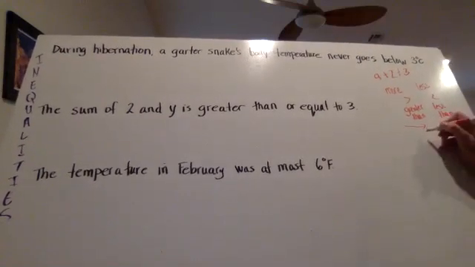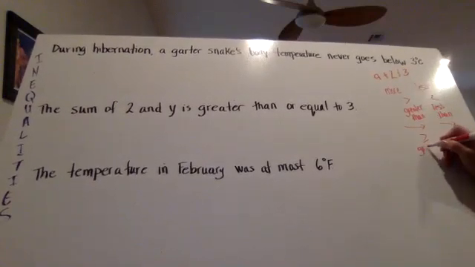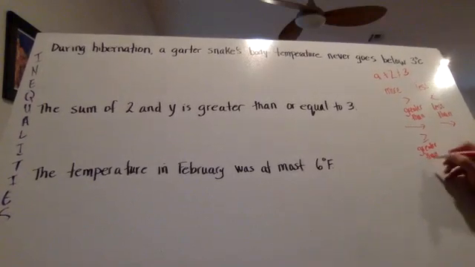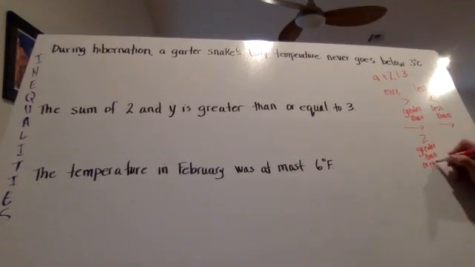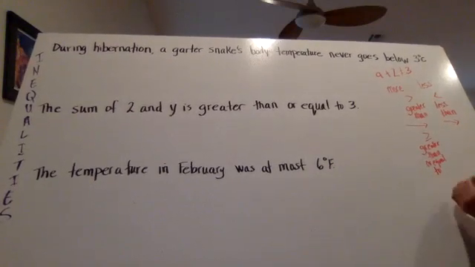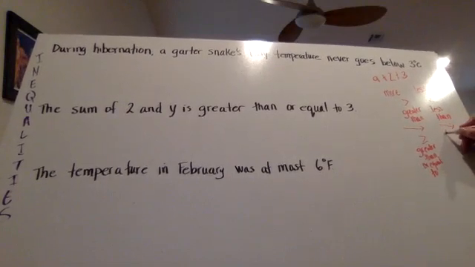One thing I could have is this symbol, which means greater than or equal to. Sometimes I'm not sure. It could be greater than or equal to, or I could have this symbol, less than or equal to.